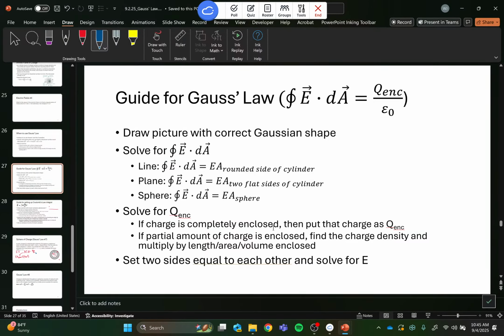We draw a Gaussian surface. In this case, it's a sphere. This whole object is a sphere, and we're surrounding it with a sphere. It's very hard to draw spheres, especially hollow ones. So we do the exact same process. E dot dA equals Q enclosed over epsilon naught. We then solve for the left side. It's a sphere. The area of a sphere is still 4 pi r squared. You're going to start to see that the left side's always pretty straightforward.